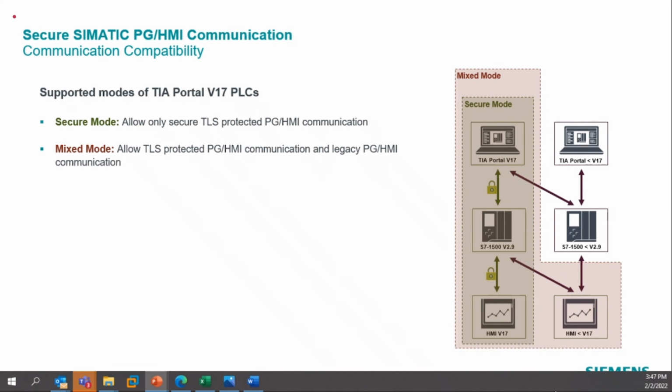This allows communication to engineering stations or HMI panels that use an older version of TIA Portal. The communication between SIMATIC controllers in TIA Portal version 17 and engineering stations or HMI panels that use an older version of TIA Portal is only possible in the mixed mode.